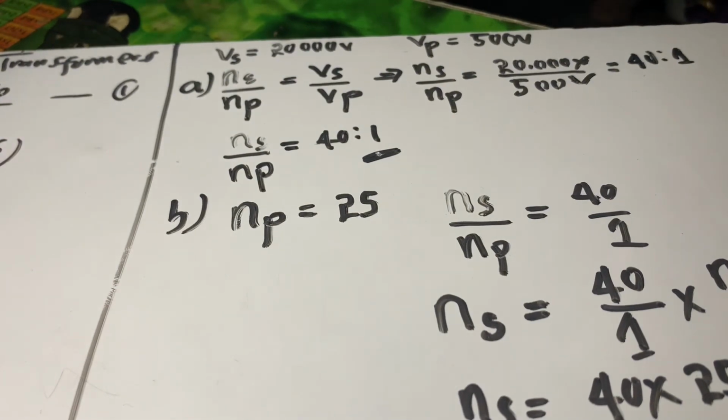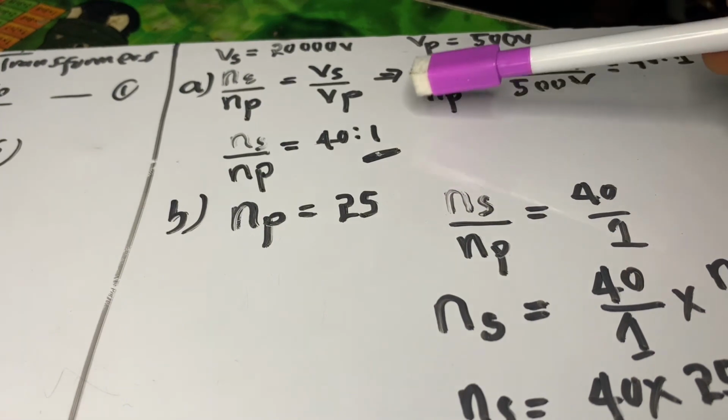So we just divide 20,000 by 500 and we get 40:1. So the required turn ratio is 40:1. All right, so it was quite easily done.